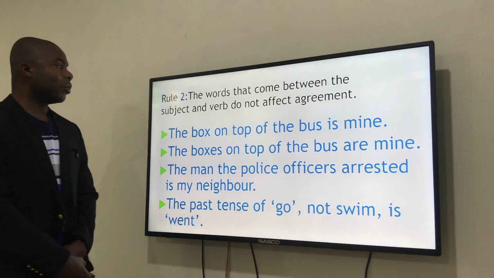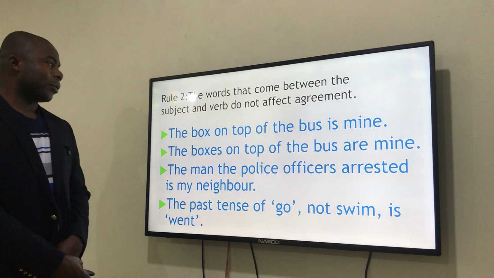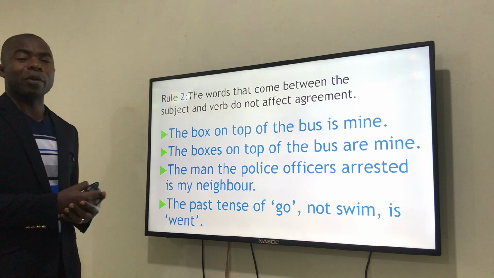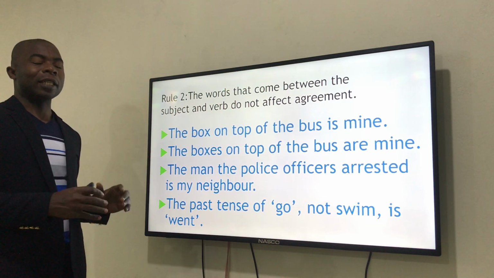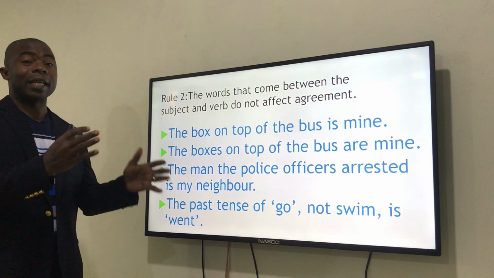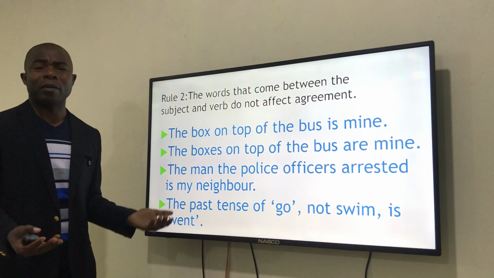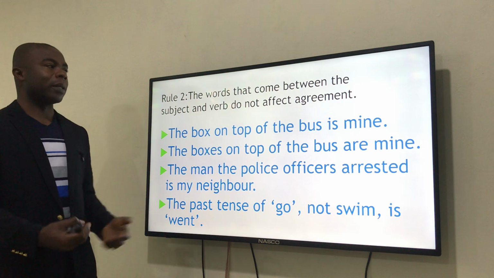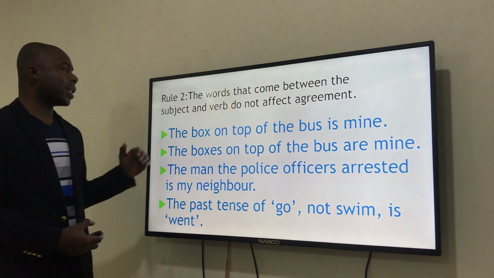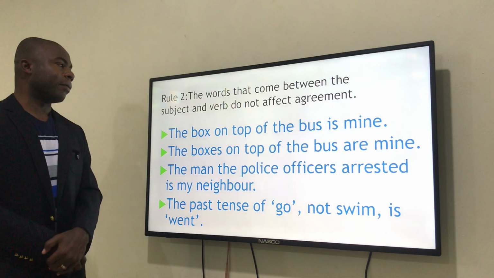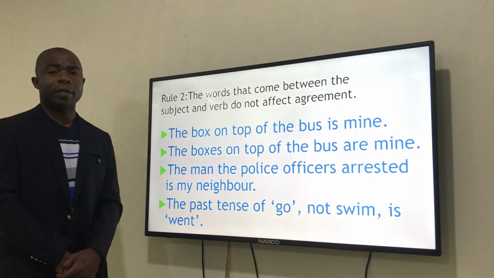Then rule number 2. Of course, there are technical terms for this, as in post-modification or pre-modification. I am not going to use any of those technical terms. You don't need them to know the basic rule of subject-verb agreement. So the second rule is that the words that come between the subject and the verb do not affect agreement.